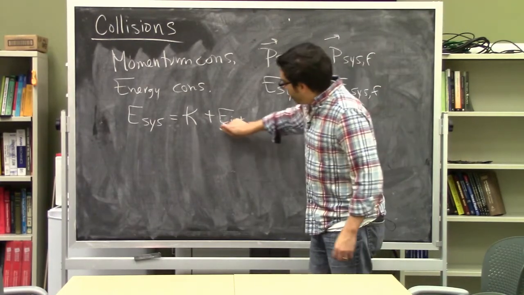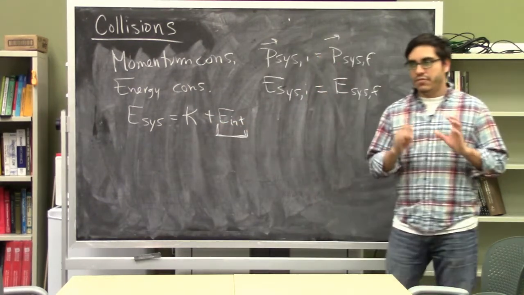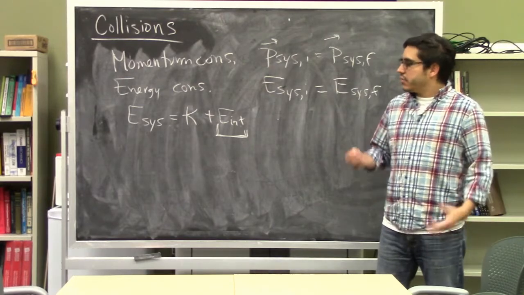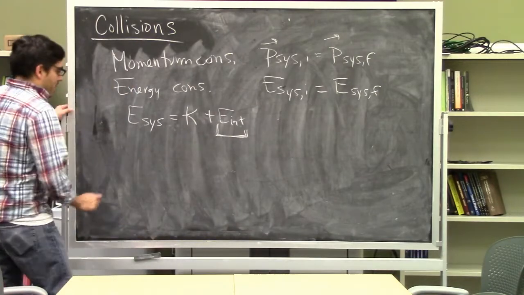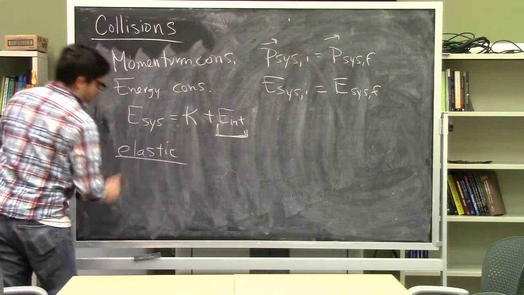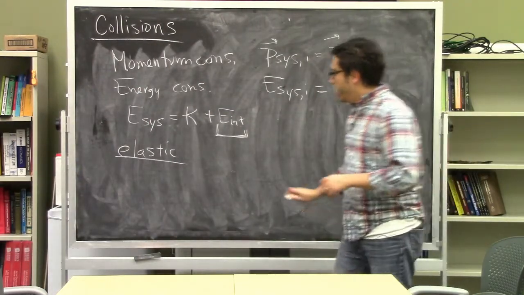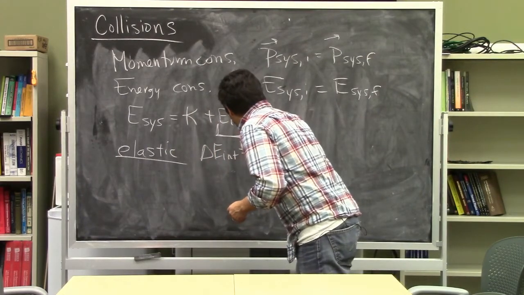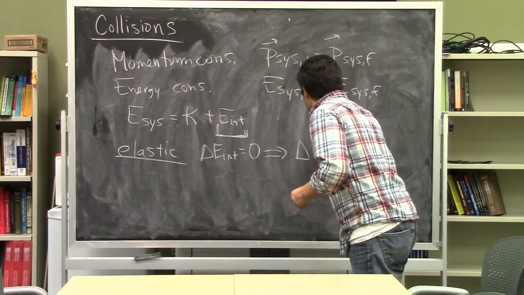It turns out that the internal energy and how it changes is a very useful cue for thinking about the types of collisions one can have. In an elastic collision, there is no change in the internal energy. That is, the system conserves its kinetic energy.